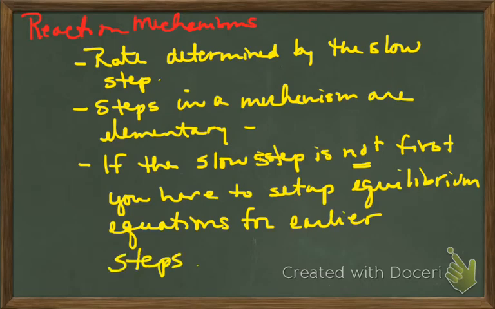And I think this is easier to see in an example. So let's look at two examples. And the first example here will be a slow step as the first step.